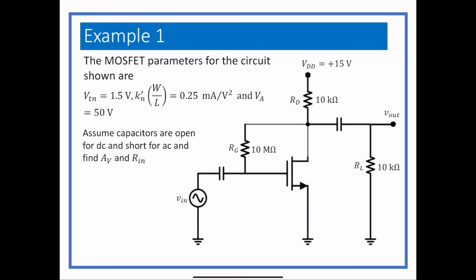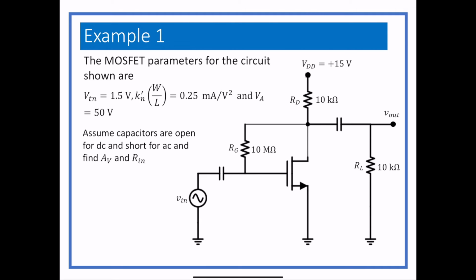So this is an actual MOSFET type amplifier. It's not one of the ones we're going to study on Wednesday, but it is a sort of typical one. And you're given the threshold voltage, Kn prime W over L, and VA. So we know kind of what model we need to use from that value.